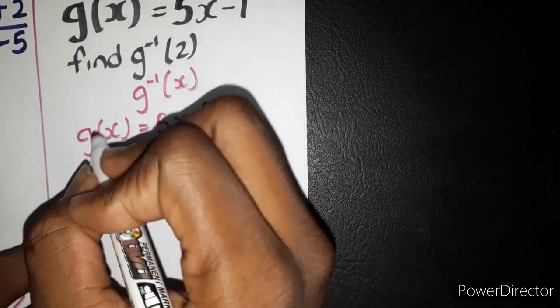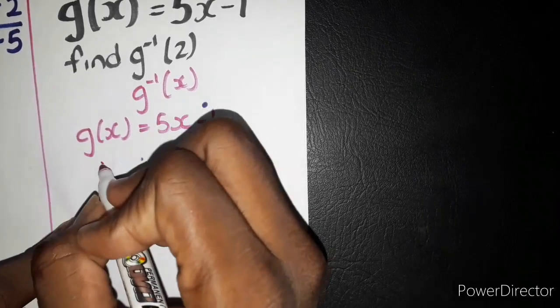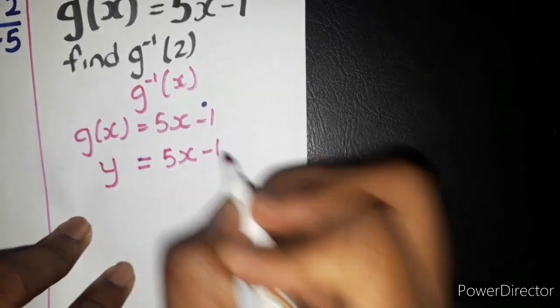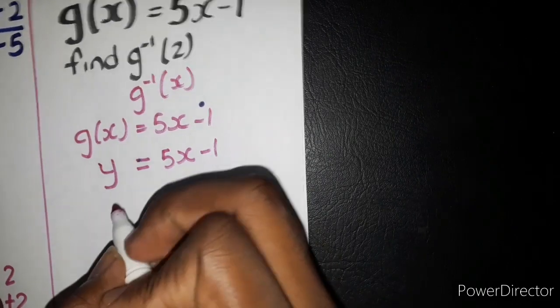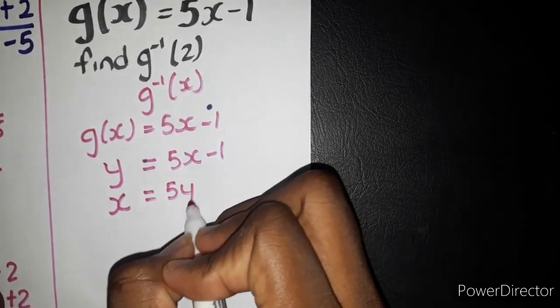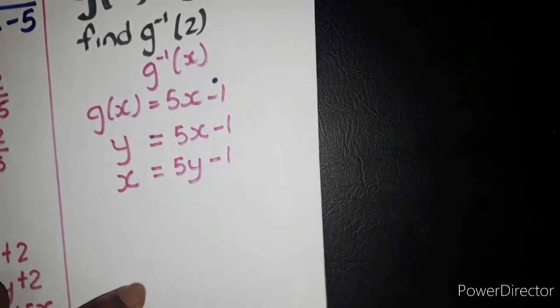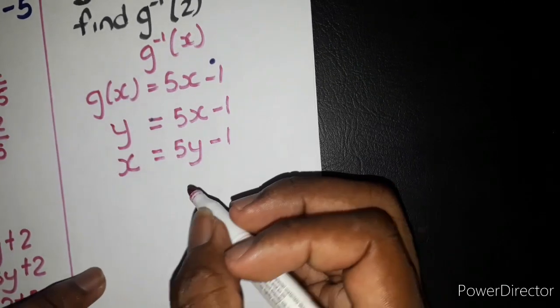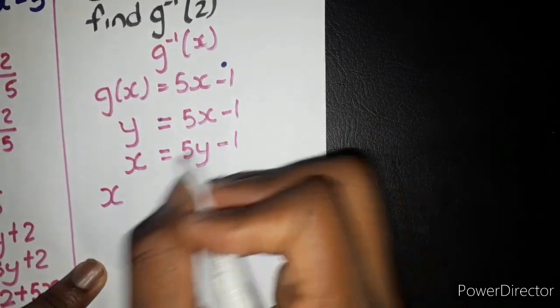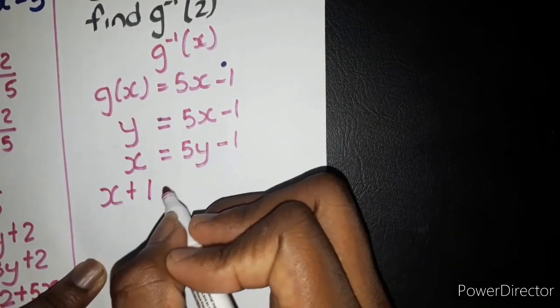We replace the g of x with y, and that is equal to 5x minus 1. Then we switch the x and y values, and that will be x is equal to 5y minus 1. Then we make y the subject of the formula: x. We take over this 1, it is subtract, so we take it over to add: x plus 1.